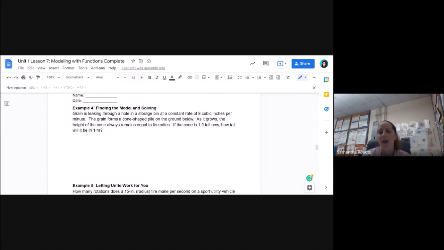Okay. So, a couple of things that I notice. They're saying the height of the cone always remains equal to its radius. So if it's 1 foot tall, that means its radius is 1 foot, which means its diameter is 2 feet. Okay. I want to know how tall it'll be in an hour.